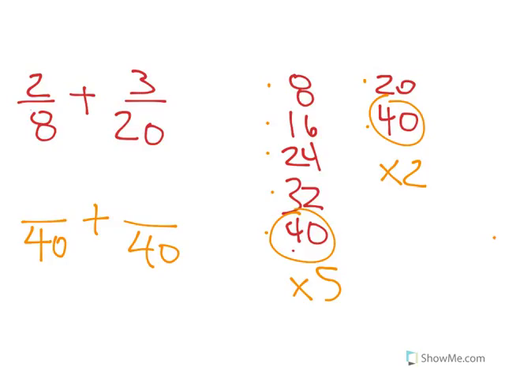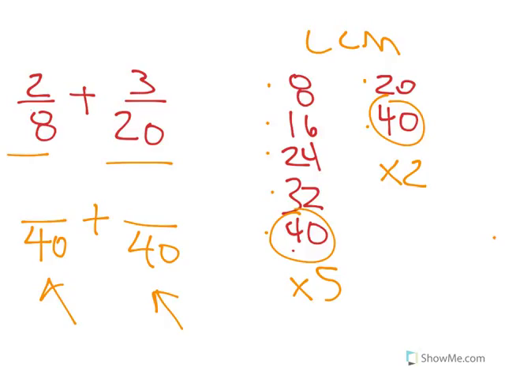So now I've set up another problem here, and if we start off with 2/8 plus 3/20, what I did over here was for 8 and 20, I set up the LCM, the least common multiple, and that's going to end up being our lowest common denominator here. And so what I did was I just 8, 16, 24, 32, 40, and then 20 and 40.